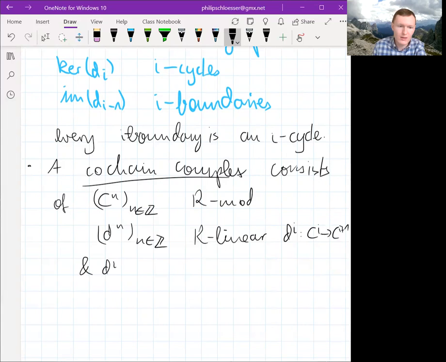And again, the composition of two of these operators is 0. We can write it again like this.